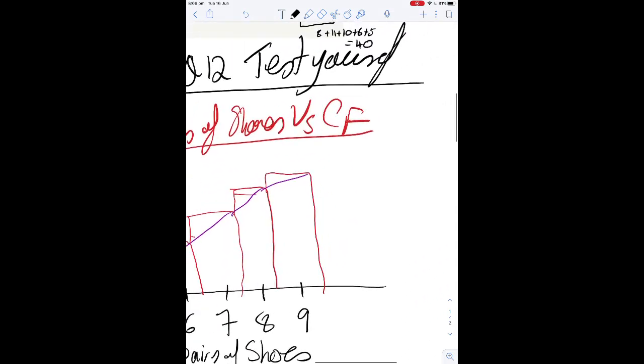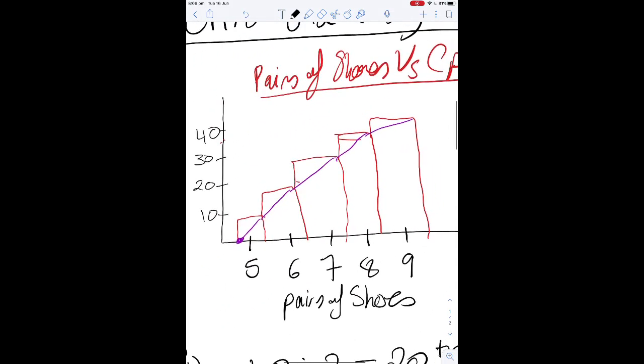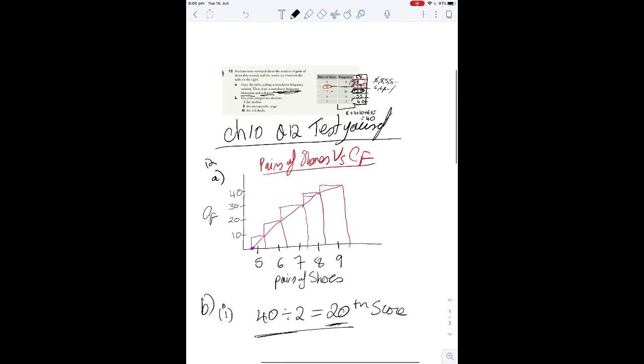But let's double check it here, and that's what they're looking for in the test, to see if you actually understand this. So I'm just going to change color again. I'll go to green. So 20th score. Now if you did this really well with the pen, again it's an estimation, all right? So go 20th score, go right across to your ogive and go right down to that number.